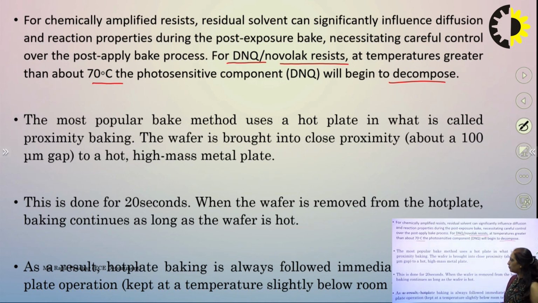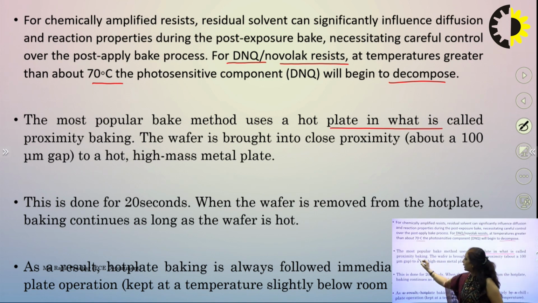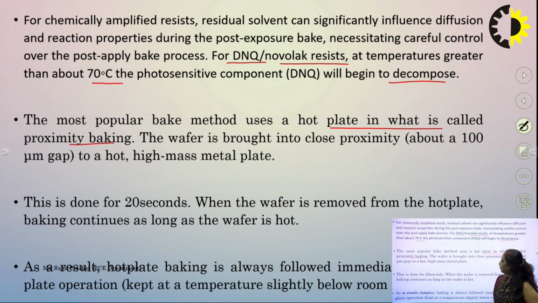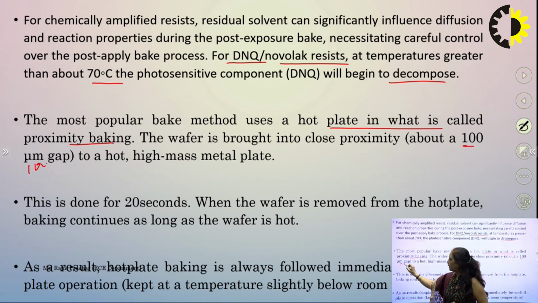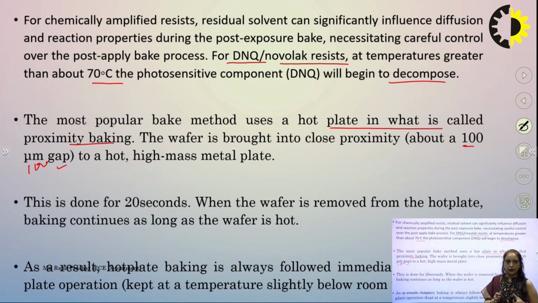So for each PR material, we are going to have a very specific temperature. This is one example. The most popular bake method is the hot plate method, also known as proximity baking. The wafer is brought into close proximity, about a 100 micrometer gap, to a hot plate with a very high thermal mass. Suppose this is the hot plate, and here we have the wafer.